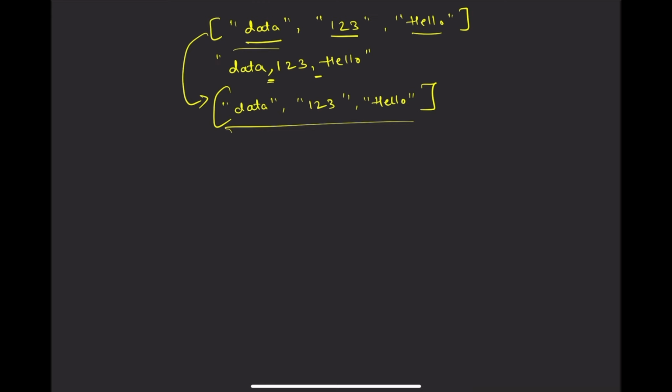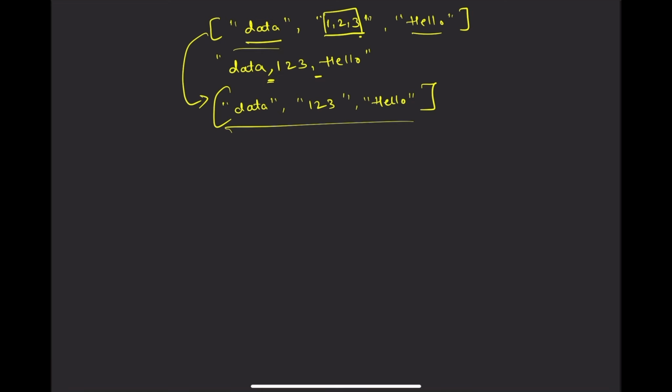Now, instead of this string 1, 2, 3 here, what if the string is 1, comma 2, comma 3? This whole thing is one string. This is possible. A comma can be a part of your string.